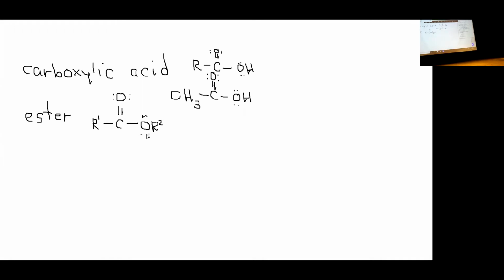And again, I don't think you'll need to memorize that separately. Think for a moment, if R2 is hydrogen, you don't have an ester any longer, now you have a carboxylic acid. So it's not an extra arbitrary rule that you need to memorize. I think if you think on it for a moment, you'll see it kind of makes sense. So the simplest ester would have just 1 carbon here and maybe a methyl group over here.